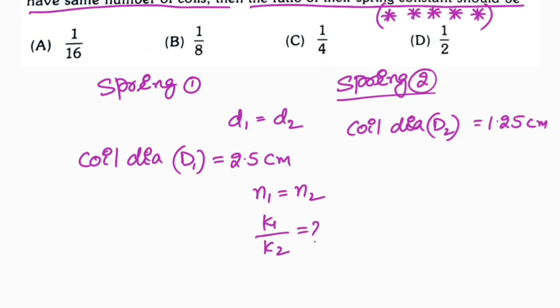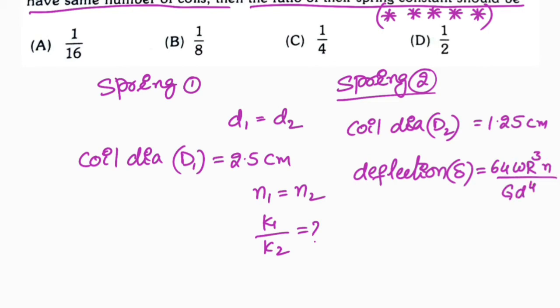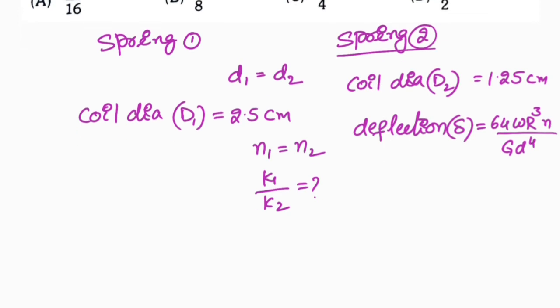That is the problem. As you know, deflection delta equals 64 W R cube N by G d power 4, where R is the coil radius and small d is the wire diameter.